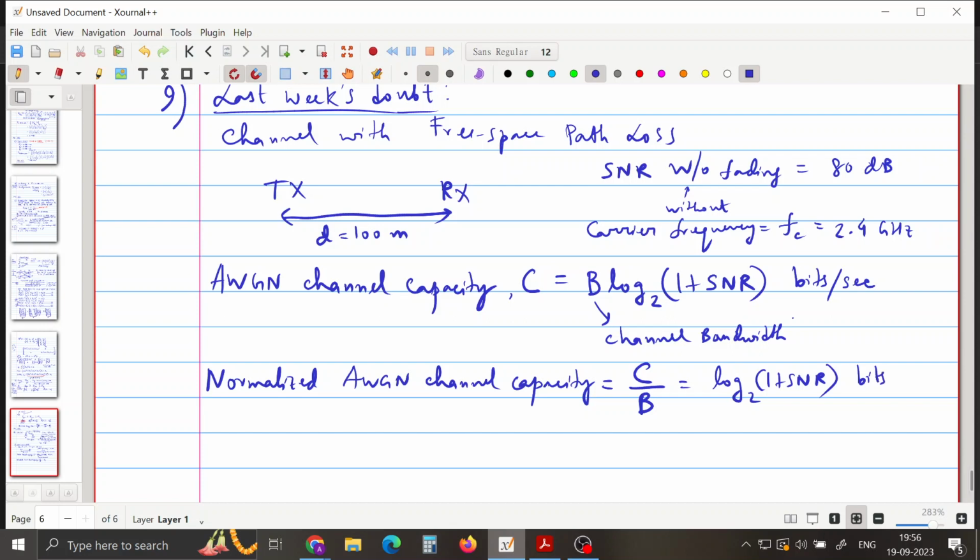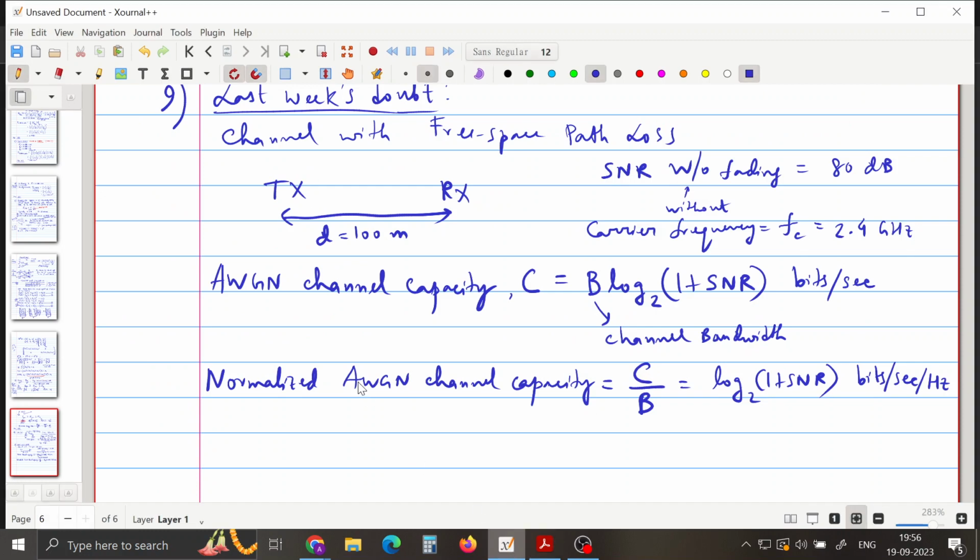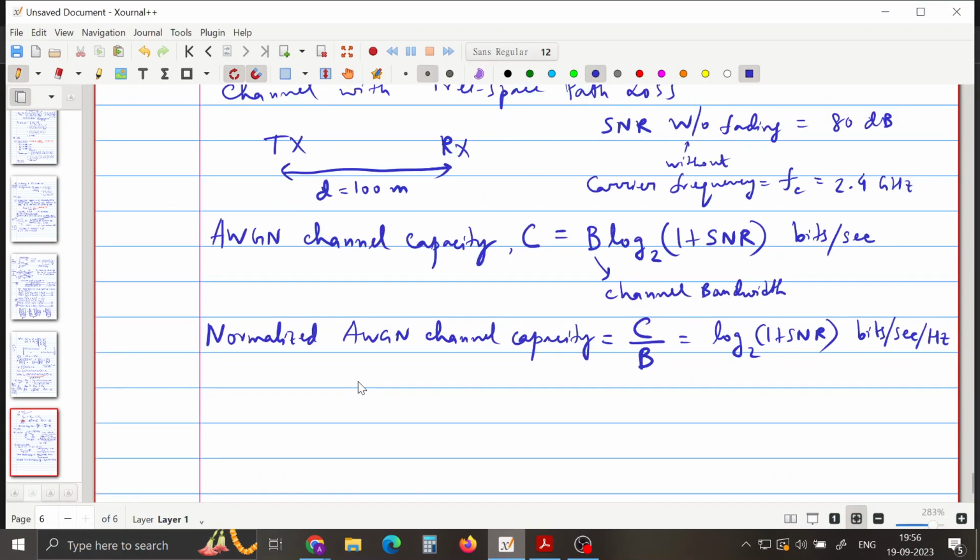Capacity has unit bits per second, that's fine. Now since we are dividing by the bandwidth, it will be bits per second per hertz, right? That's why in the question the unit is specified as bits per second per hertz. Clear? So that's basically how the normalized capacity is defined. That's the first thing you need to be clear about.